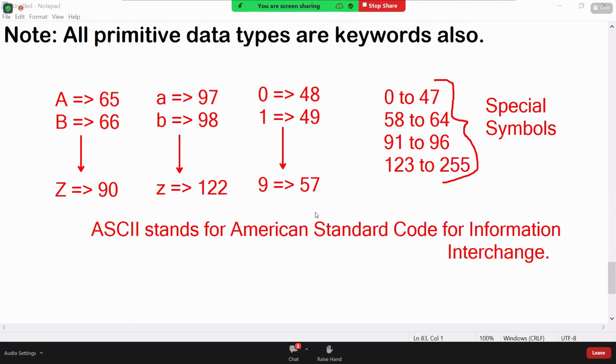Special symbols, no one will ask. No need to worry about that. If you remember these three, it is enough. The remaining you can answer. Only capital A, small a, 0. Remember these three. The remaining are not required.